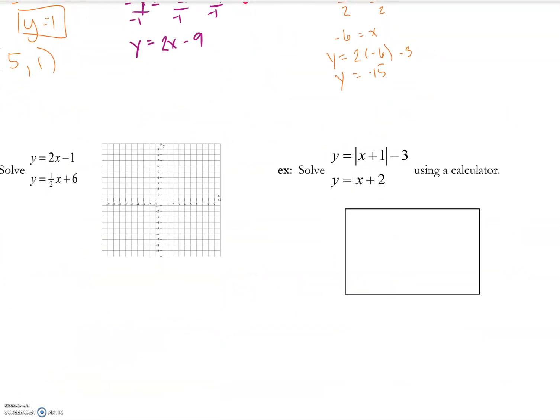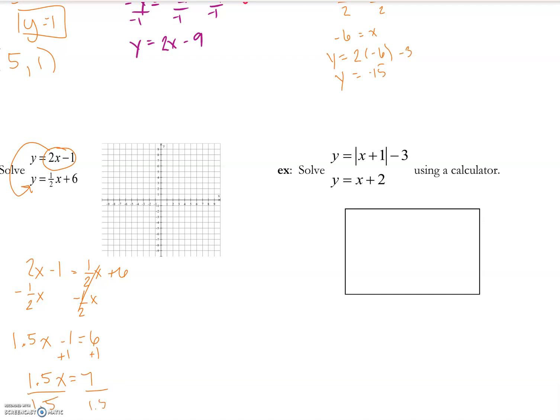We'll try just a couple more. So for this one, similar to the first one, I have one equation that I'm going to set equal to the other. 2x minus 1 equals 1/2 x plus 6. If I solve for x here, I'll start by subtracting 1/2 x. 2 minus 1/2 is 1.5 x. I'll add 1. And then divide both sides by 1.5 to give me x equals 7 divided by 1.5 is 4.667.